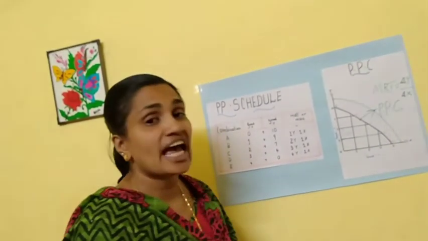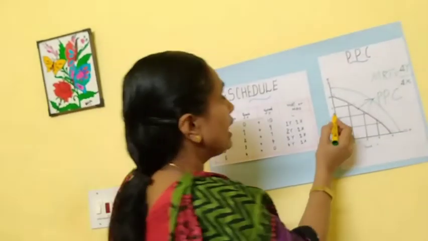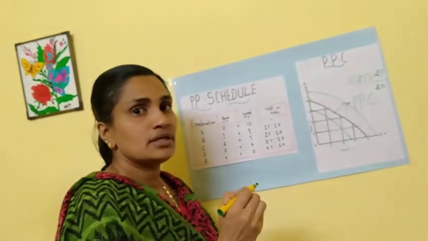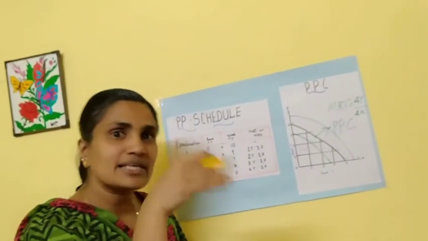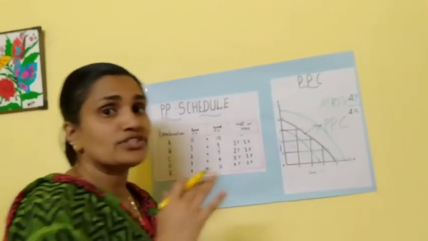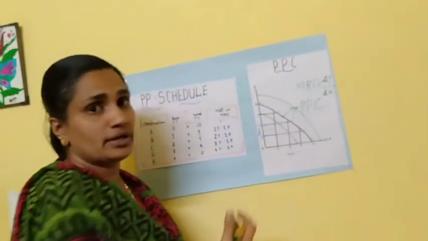Then there is a chance of downward shift or leftward shift of PPC, the opposite of this, if there is any decrease in the available resources or decrease in technology. If there is advanced technology, PPC will shift upward.